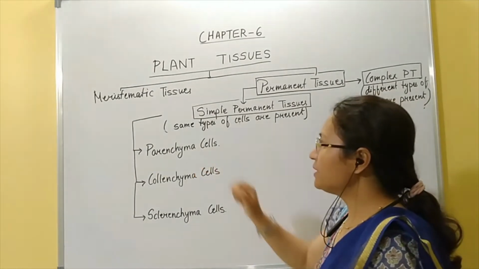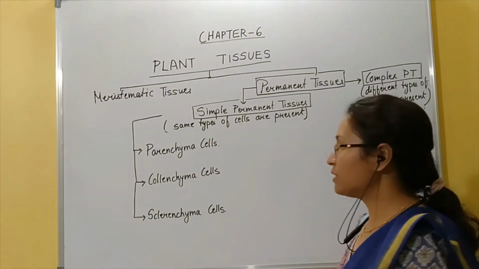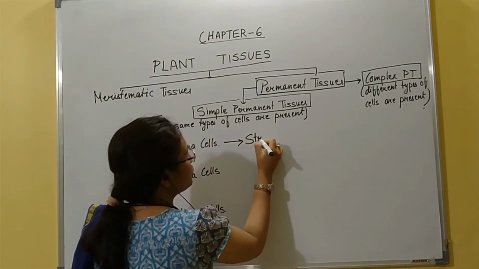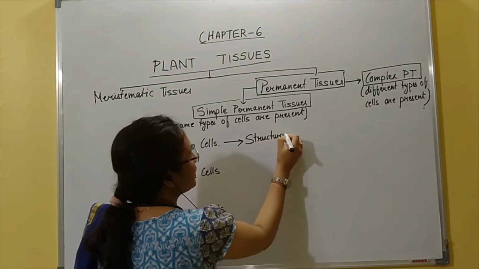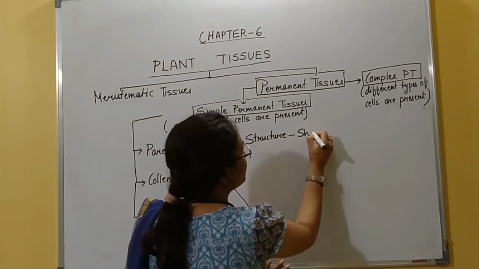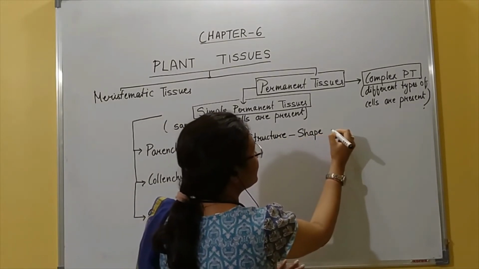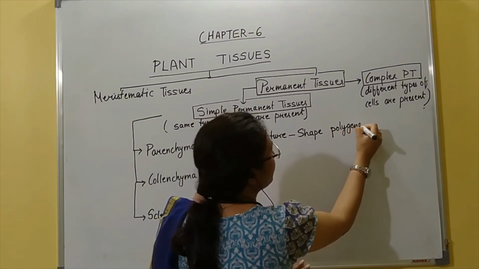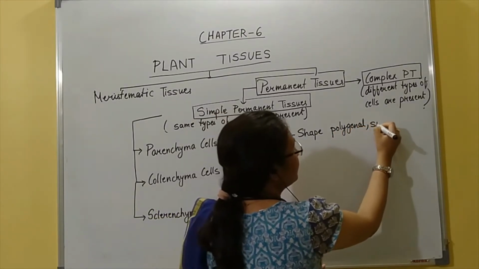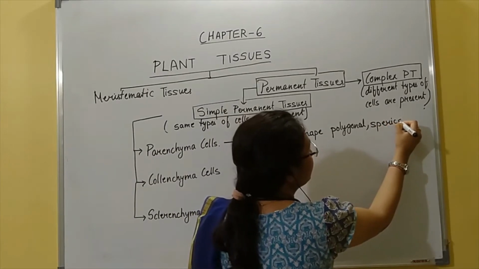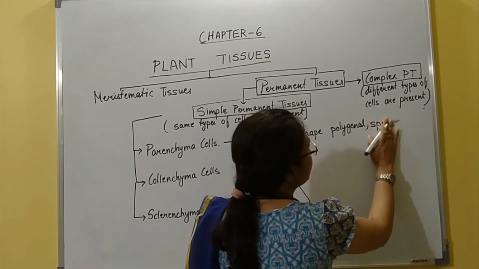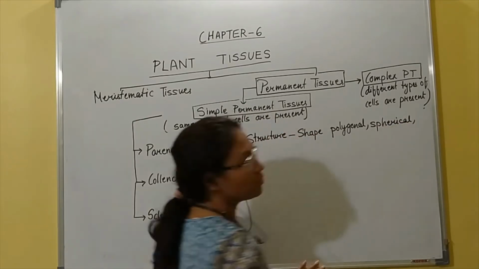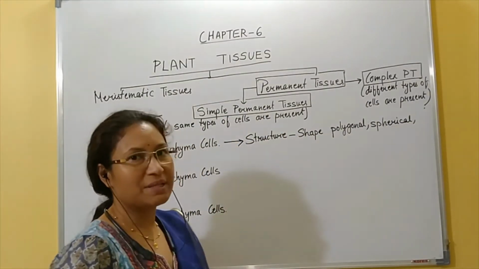Now the parenchyma cells, how do they look? What is the structure? Let us discuss them one by one. The shape of this kind of cell is polygonal, spherical, and also isodiametric sometimes.